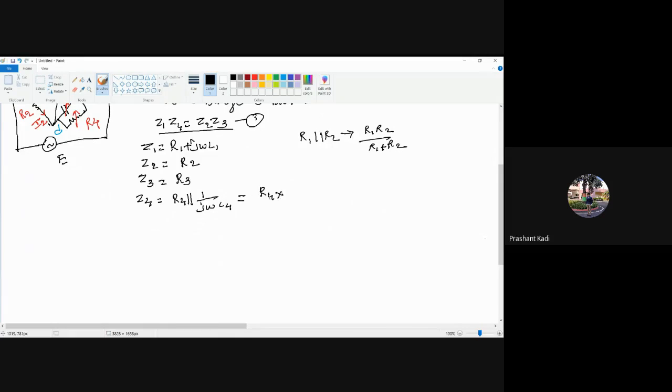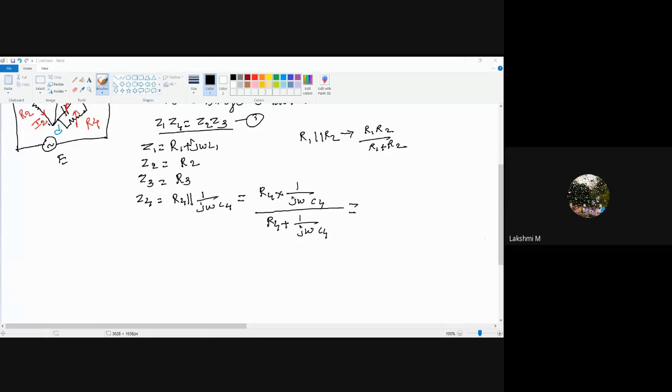R4 multiplied by 1 by j omega C4, divided by adding these two, R4 plus 1 by j omega C4. So solve this equation properly.